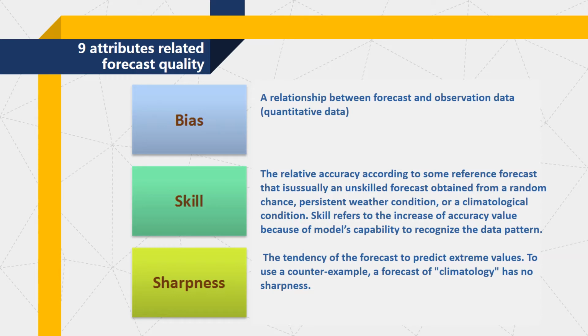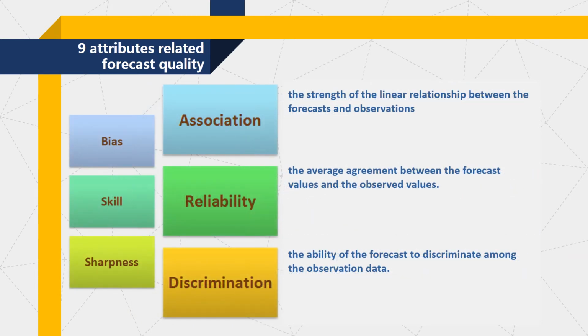Sharpness. It is about the tendency of the forecast to predict extreme values. To use a counterexample, a forecast of climatology has no sharpness. Associations. It is about the strength of linear relationships between the forecast and observations.